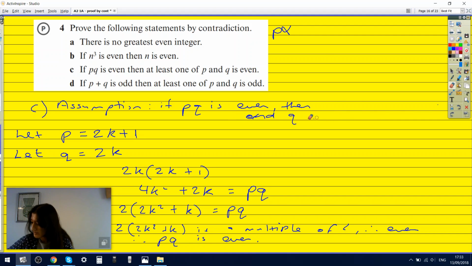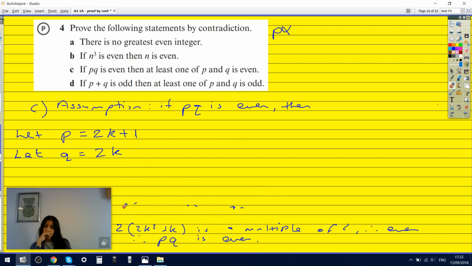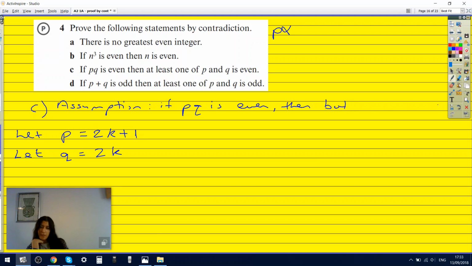Then both P and Q must be odd. Okay, so what could we do? I think we need to redo that. Oh yeah. Because they must both be odd.